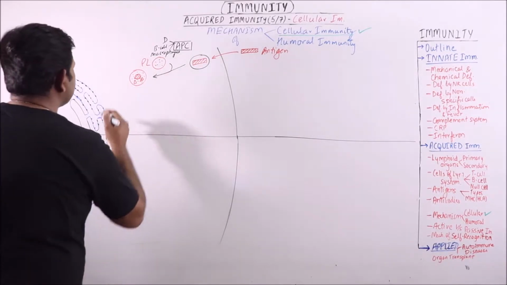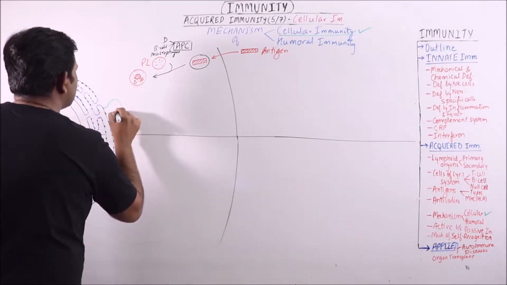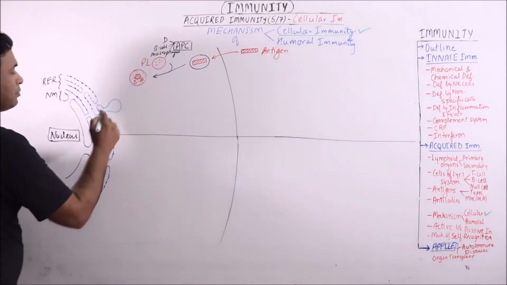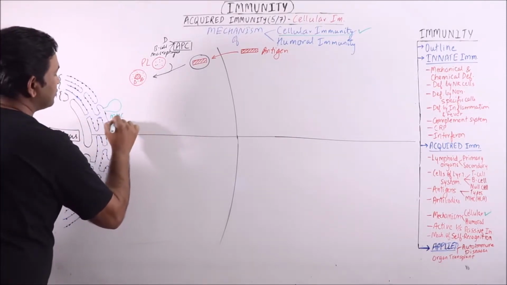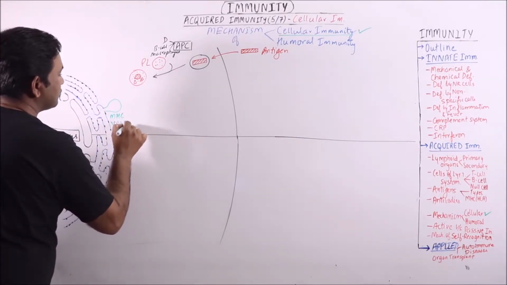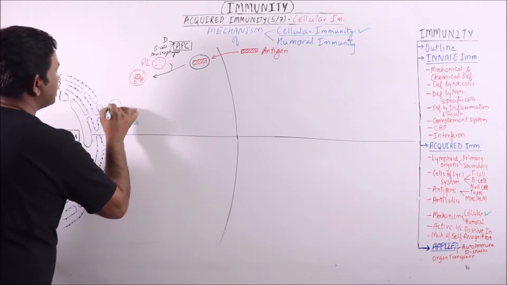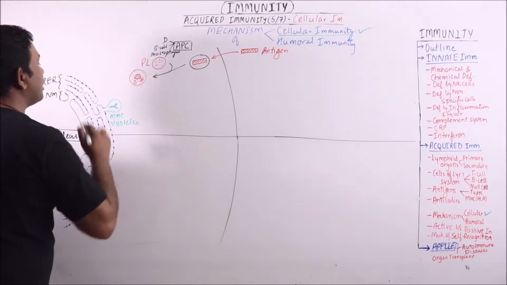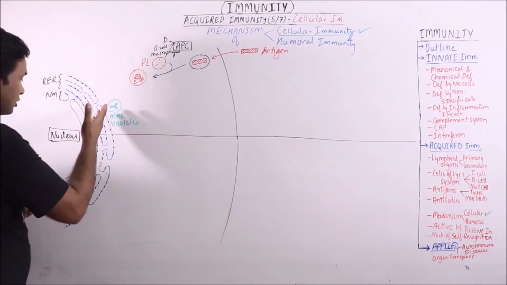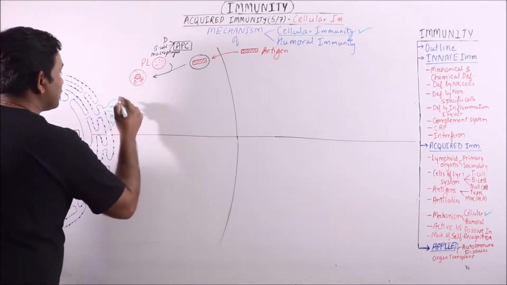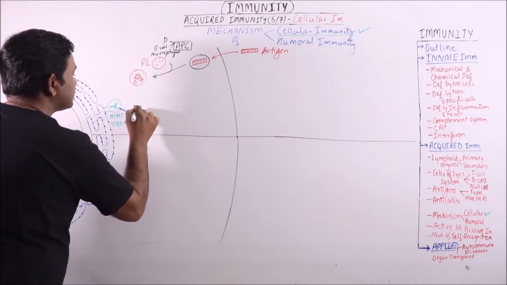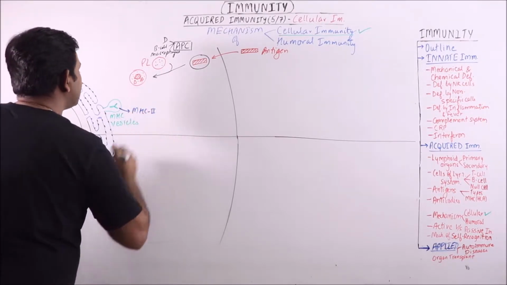Here from area, MHC vesicles are formed, which are having MHC class 2 proteins. This is not an antibody, it is MHC class 2 protein.